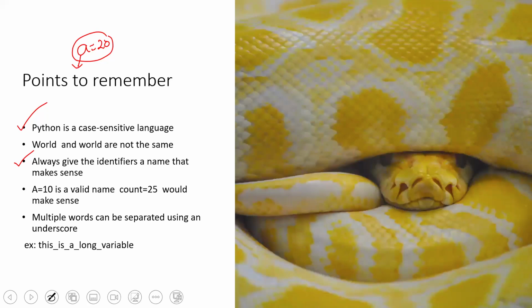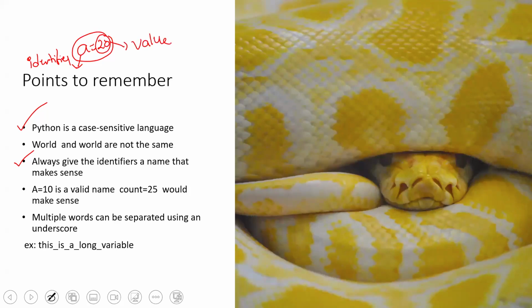There is no restriction, it can be 8 characters, 10 characters, 1 character also fine. So can I say A is an identifier? Yes, I agree. What is 20? 20 is nothing but a number. Can I say value? A number is a value, right? Yes, sir.